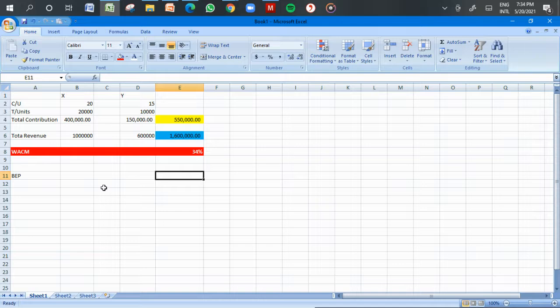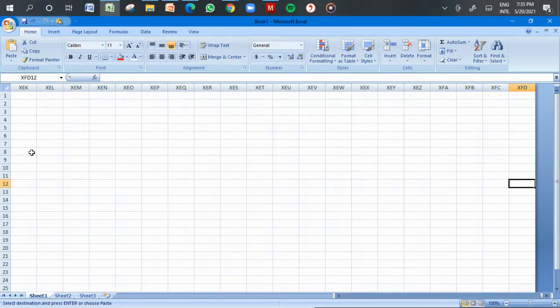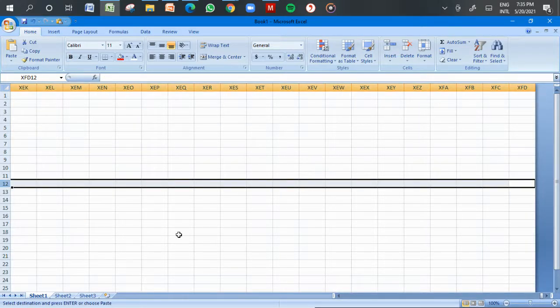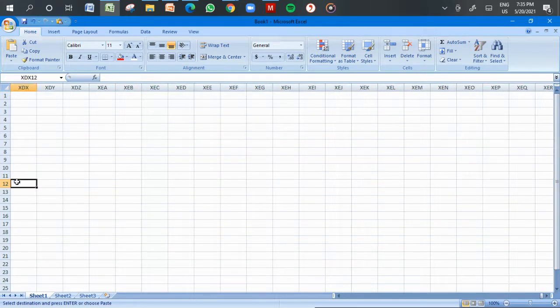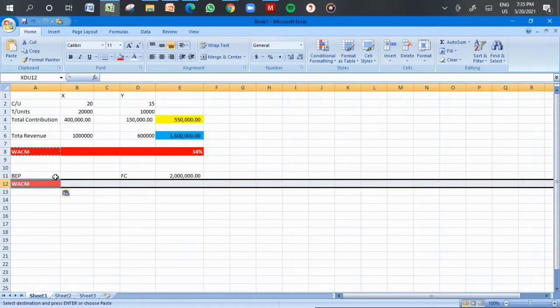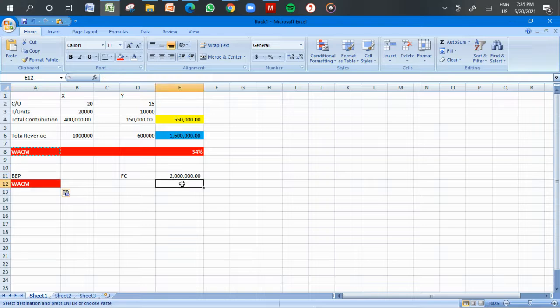So it will be simple to calculate your break-even point. You just say your fixed costs. Fixed costs in this case, we're told that is 200,000. Then our weighted average contribution margin, we have calculated it to be 34%.